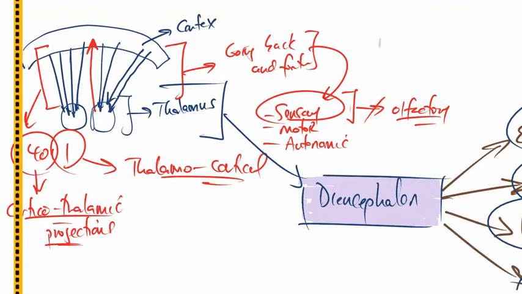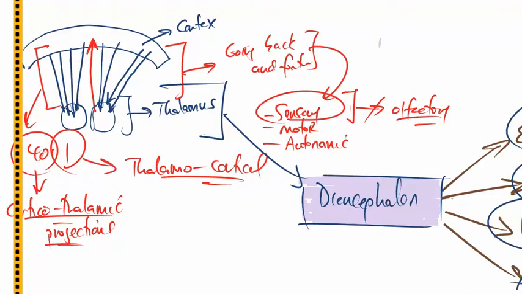So because you have all of these sensory informations coming up to the thalamus, scientists were thinking along the lines that because you have all this sensory information in one place, the thalamus can serve as a center of consciousness, right?